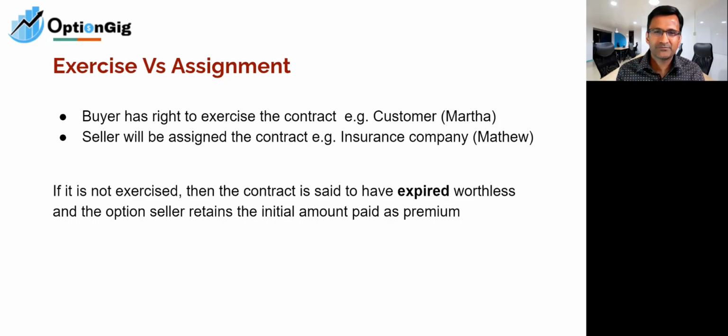So the contract expired, unless she wants to renew it for the next expiration period. In that case, if no action happens, the contract is said to have expired worthless. If the buyer didn't exercise, so the seller was never assigned, whatever initial amount the buyer had paid to the seller remains with the seller.